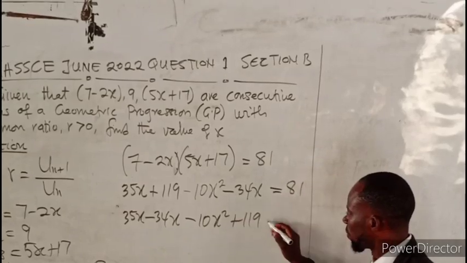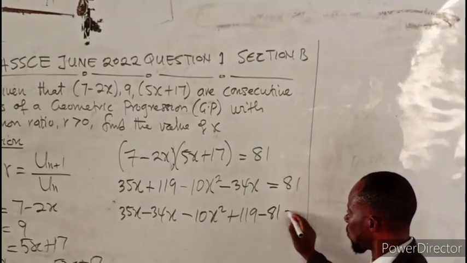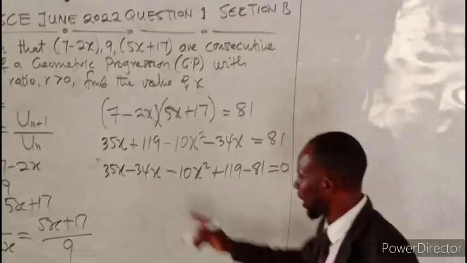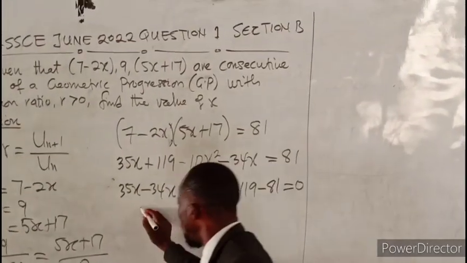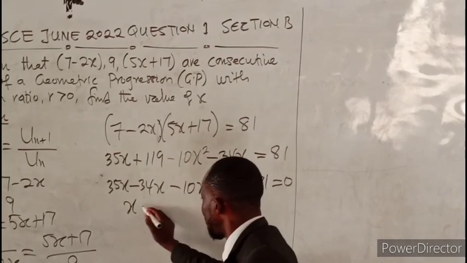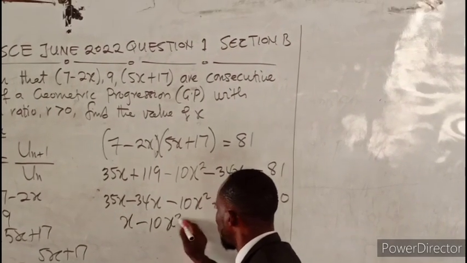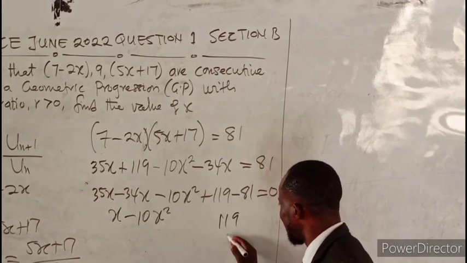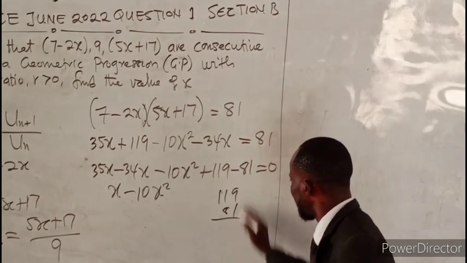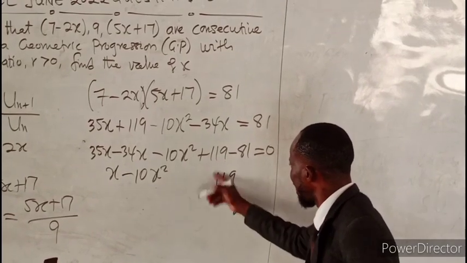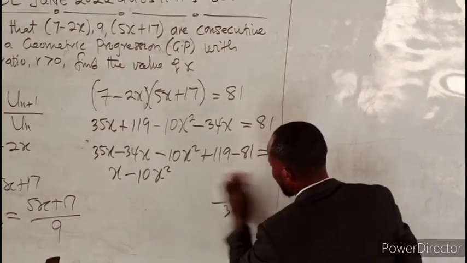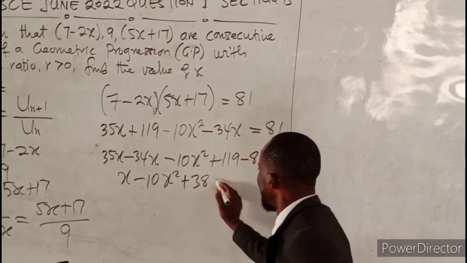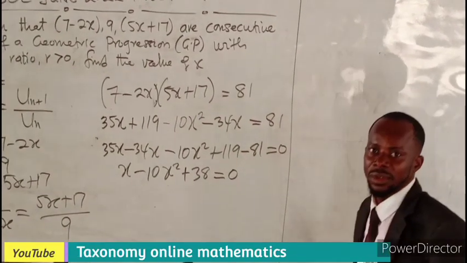I want to remove this from there to become minus 81 equals 0. That will give us only x minus 10x squared. If we subtract, let's do it the traditional way, 119 minus 81, so we have plus 38 equals 0.